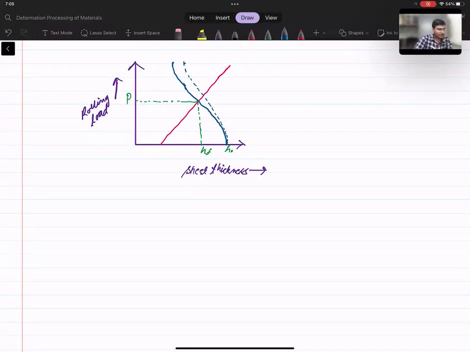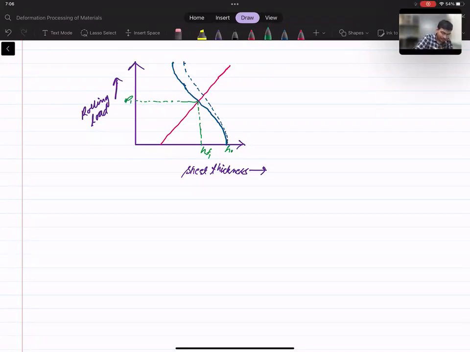So what will happen here is, now let me call the final thickness as HF1. We wanted to go to HF1, but now this was, say, P1. Okay.